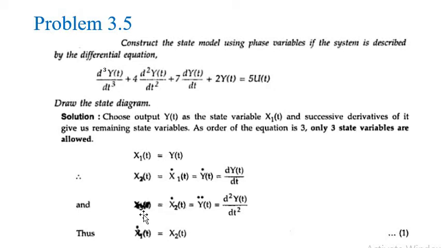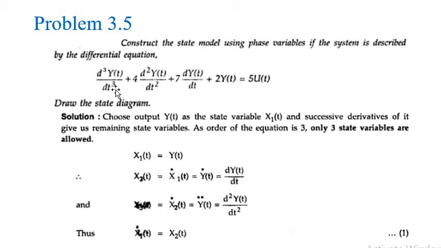Here we can see that the third state variable was d square y of t by dt square. So if you differentiate again, you will get d cube y of t by dt cube, which is the required element in the differential equation.